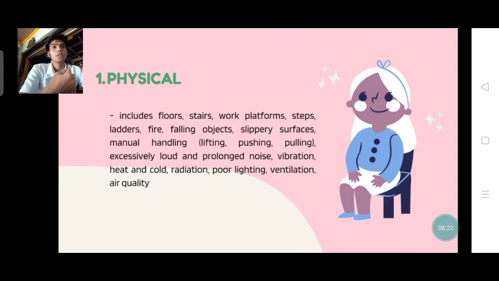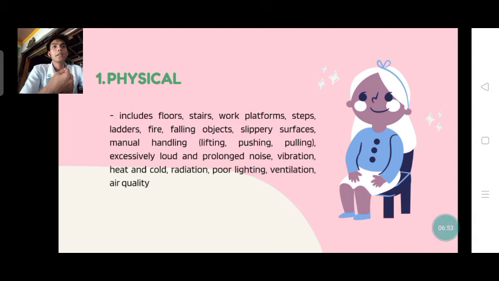Physical includes floors, work platforms, steps, ladders, falling objects, slippery surfaces, manual handling, lifting, pushing, and pulling. Also excessively loud noise, vibration, heat and cold, radiation, poor lighting, ventilation, and air quality.